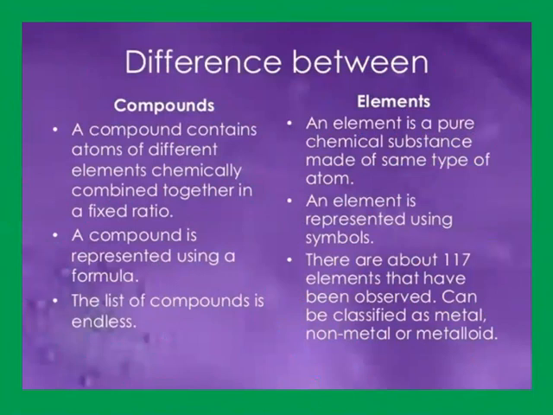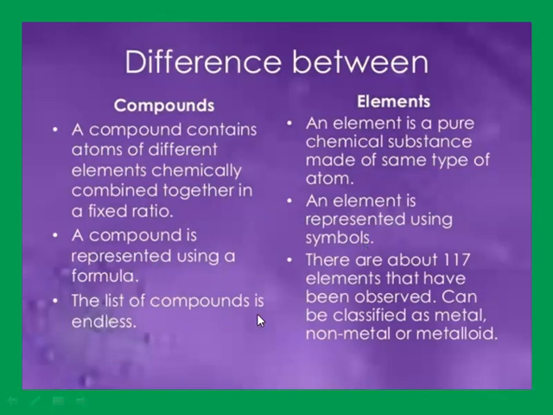Though both compounds and elements are pure substances, they also differ from each other. We now will discuss the differences between compounds and elements. A compound contains atoms of different elements chemically combined together in a fixed ratio, whereas an element is a pure substance made up of the same type of atom. A compound is represented using a formula, whereas an element is represented using symbols.